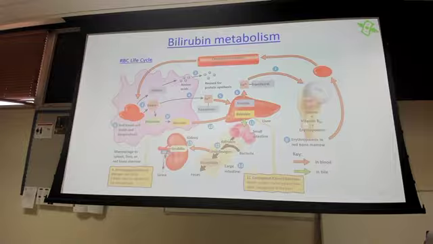That bilirubin is then taken down into the small intestine, down into the large intestine. From there, it becomes urobilinogen, which goes into the kidney, becomes urine, and then the other half of that urobilinogen becomes stercobilin, which becomes feces, okay? So we're just going to be focusing more on the unconjugated portion of the RBC breakdown and bilirubin metabolism.